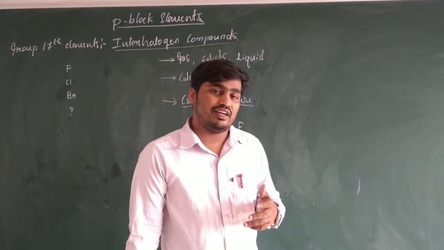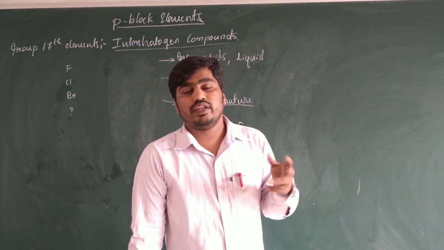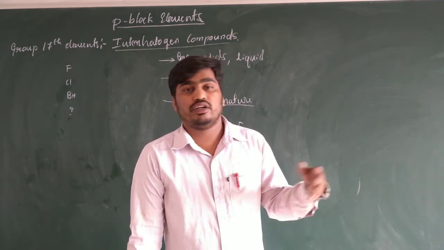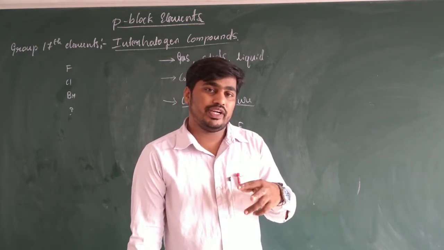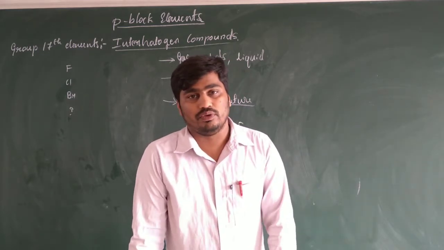If the electronegativity difference is large, then they are ionic. For example, sodium chloride: sodium is electropositive, chlorine is electronegative, so the electronegativity difference is large, hence sodium chloride is ionic.